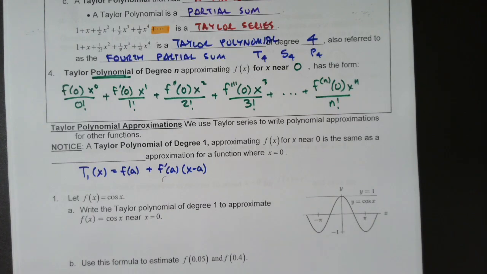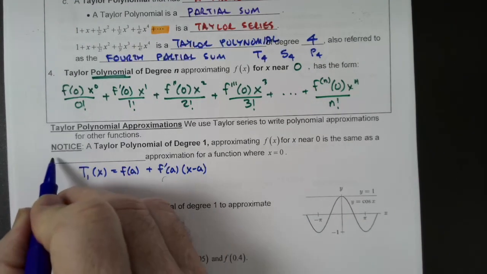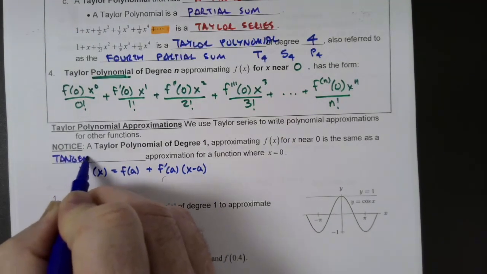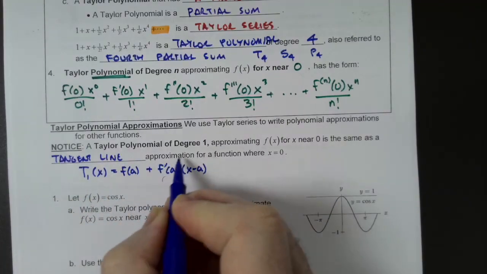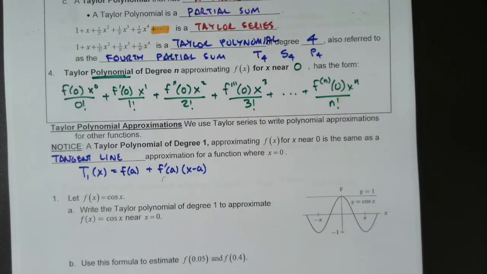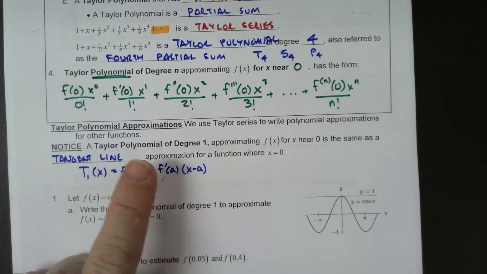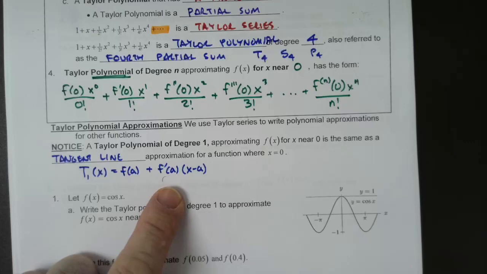Doesn't that look pretty familiar to you? You've seen that before. What is it? Isn't that our tangent line equation? Believe it or not, you were actually doing Taylor series in AB calculus, even though Taylor series isn't a topic that's tested in AB calculus. Every time you did a tangent line, you did a Taylor polynomial of degree 1.